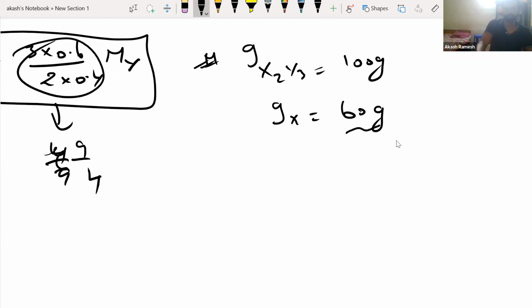Then you have to write it in terms of moles. So now I can write the number of moles of X would be 60 divided by the molecular mass of X. Again, you can equate X2Y3 to 100 grams. Again, the same thing will happen.